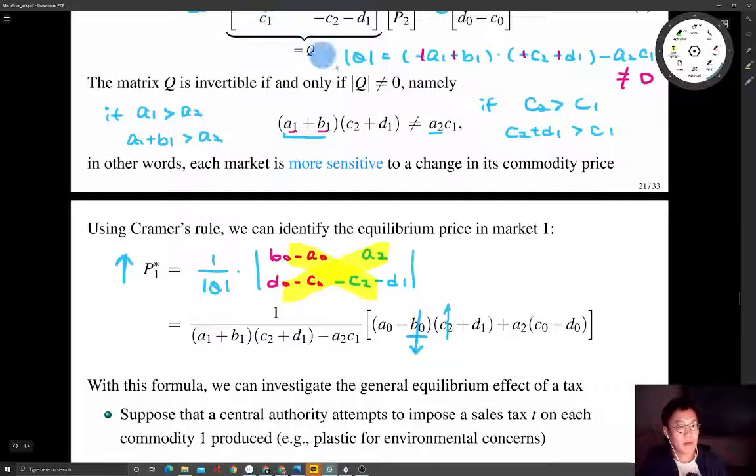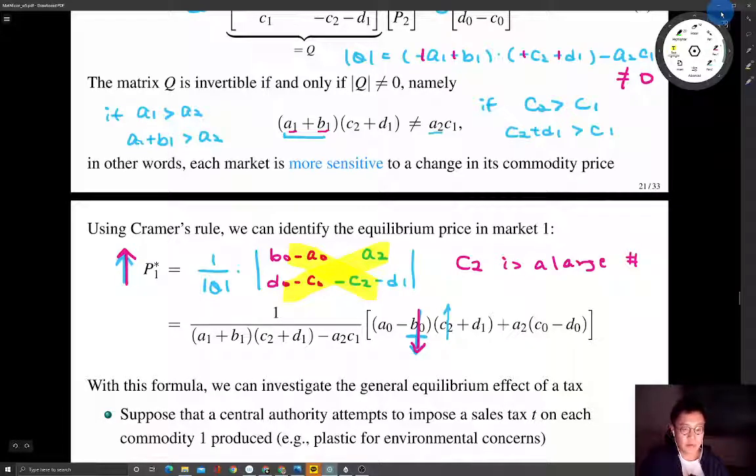So if C2 is a very large number, if we have a small reduction in B0, then the increment of P1 star will be large. I mean, if C2 is a large number, then we can anticipate a reduction of B0 after tax, so the increment of P1 will be large.